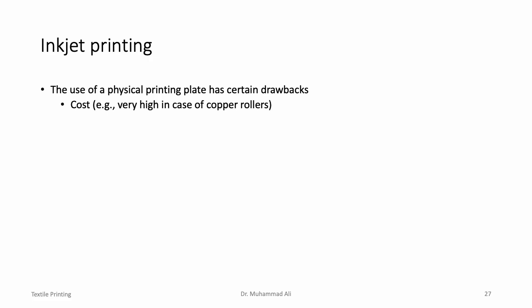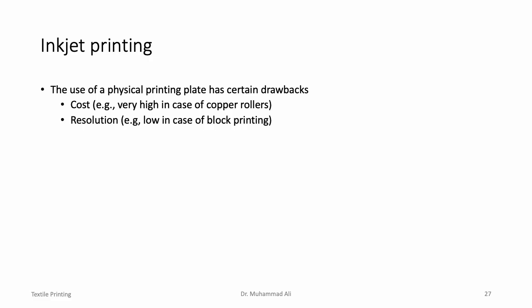Blocks are not that expensive, but if you're using high quality wood to produce those blocks, then cost could be one factor there as well. So this cost of the printing plate is one major drawback of all these printing processes that we have discussed so far.